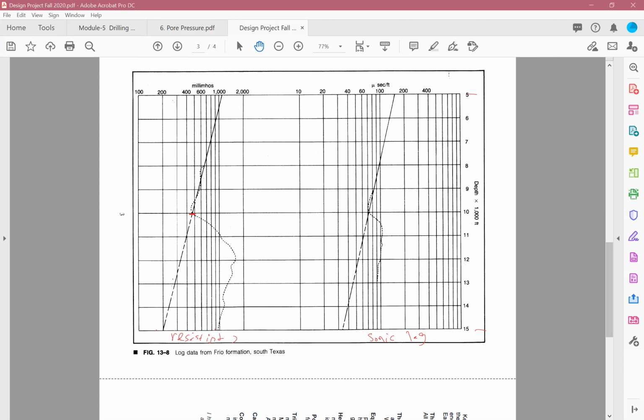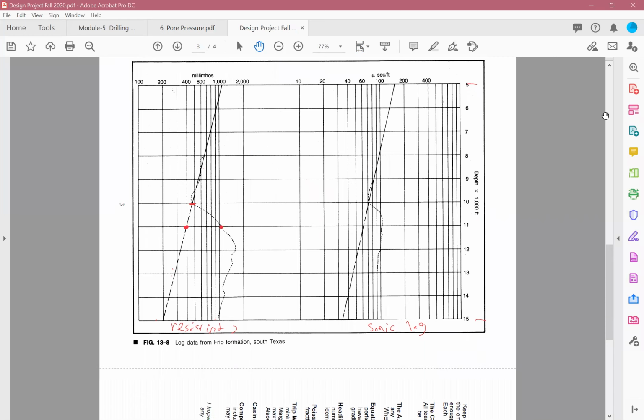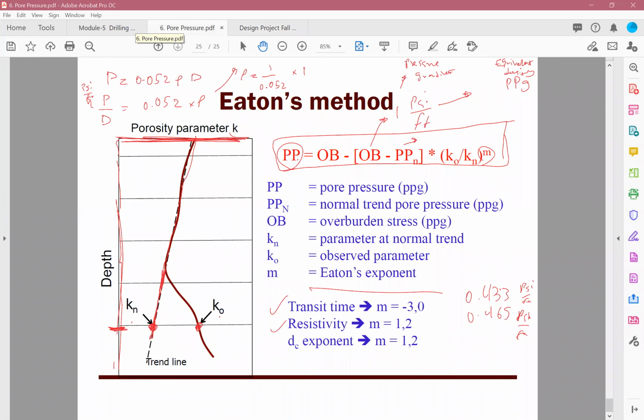And then at any point, let's calculate it at 11,000 feet. Let's say it's here, right? This is 11,000 feet depth. I'm going to use the resistivity. So there is a normal point, and then there is an abnormal point, right? So now what is the equation? Let me go back there.